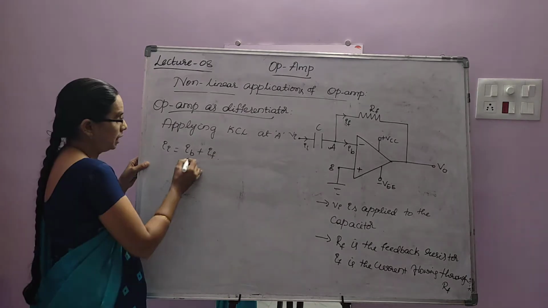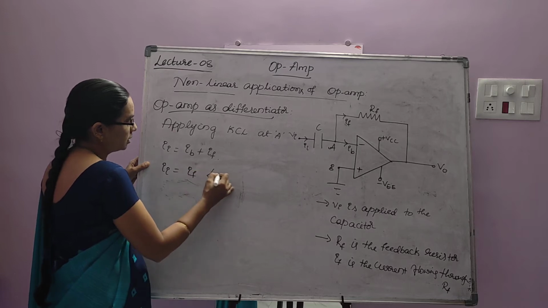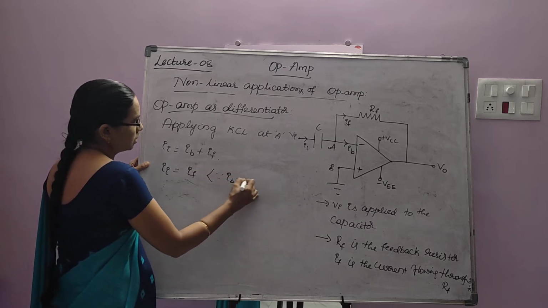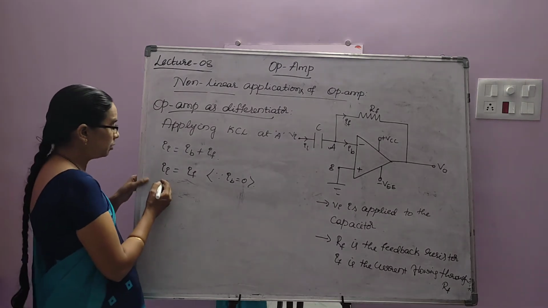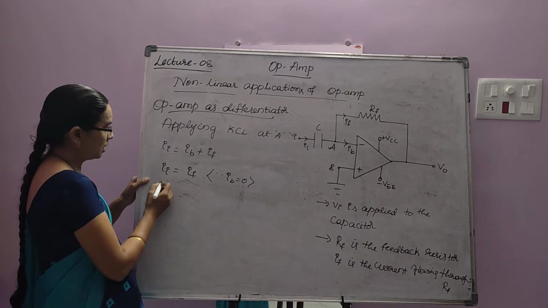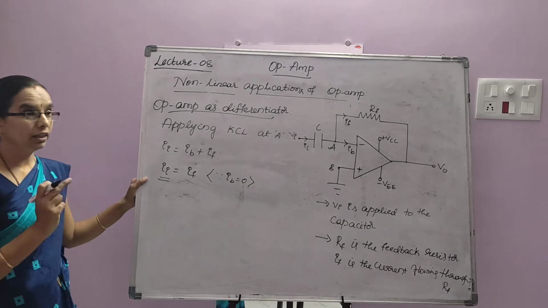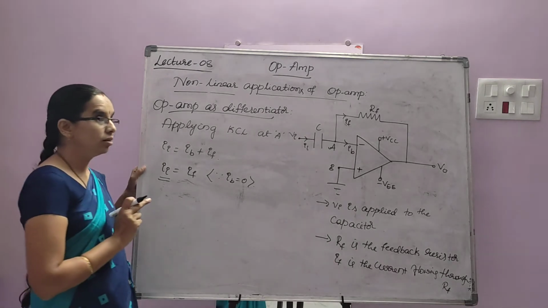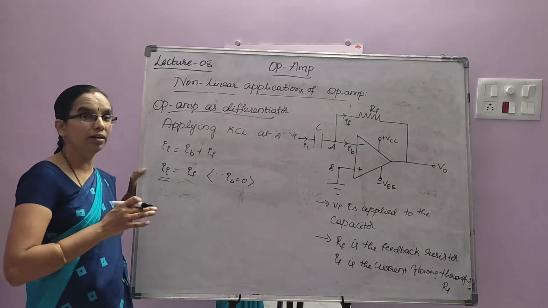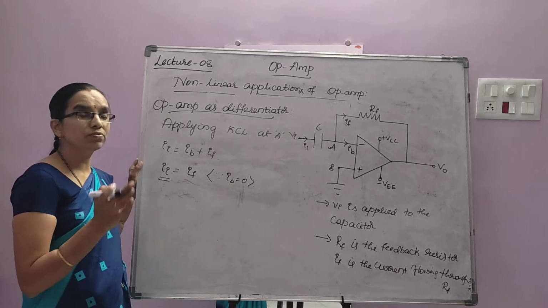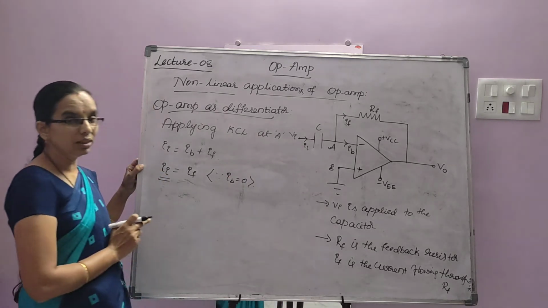As we know, IB is equal to 0 because of infinite input impedance, so II is equal to IF. II is the charging current through the capacitor. In the inverting amplifier it was a resistor, so the expression for the current was different. Whenever a resistor comes, we will apply Ohm's law, V by R. Here it is the charging current through the capacitor.